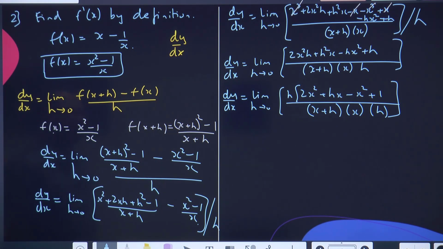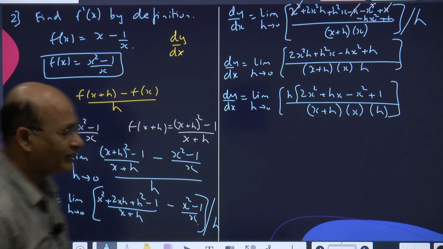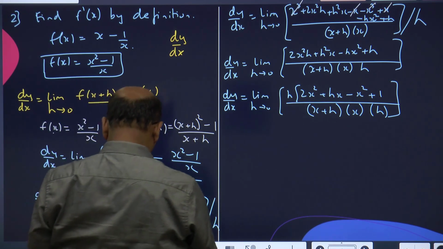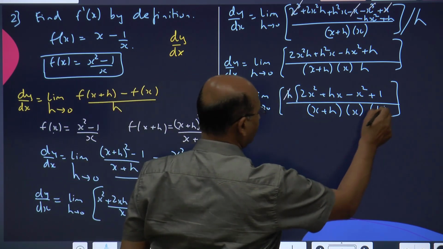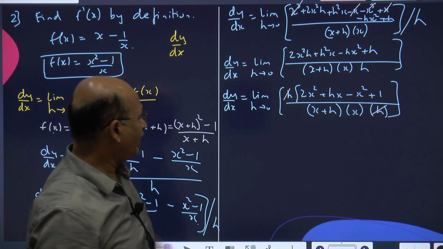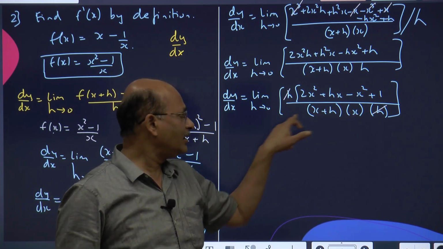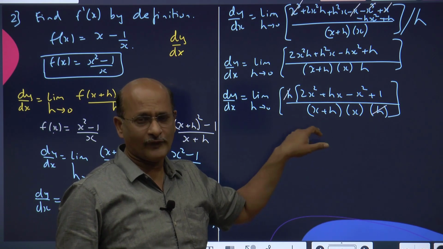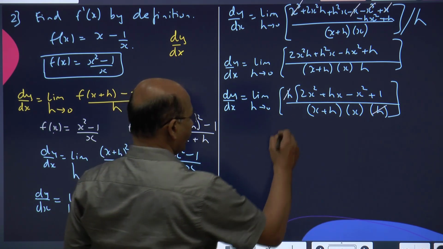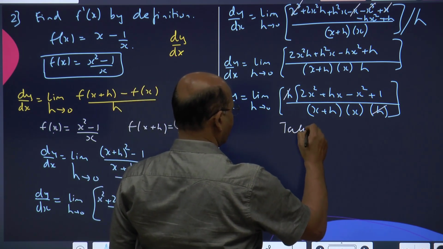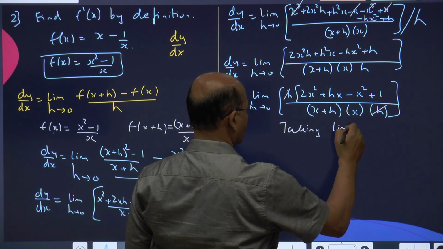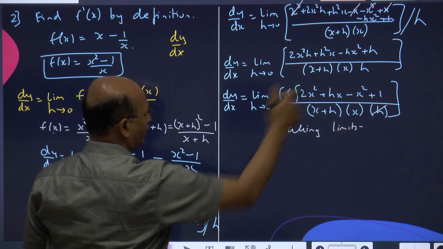Hx square plus h, I took 1 common. So immediately this h will get cancelled here. When I look at the denominator, if h tends to 0, it doesn't become 0. So when the denominator doesn't become 0, you can take the limits.